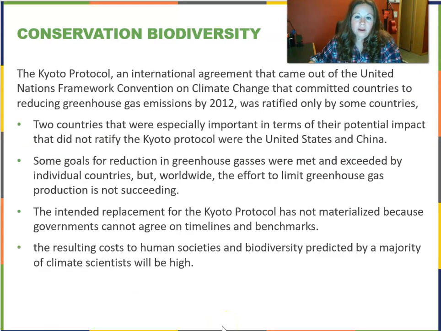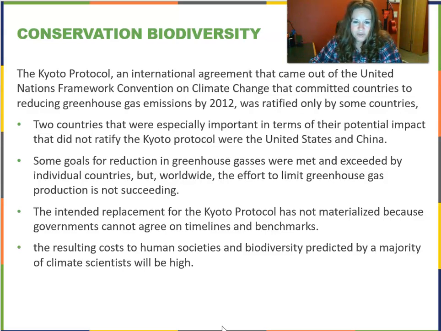The Kyoto Protocol, an international agreement that came out of the United Nations Framework Convention on Climate Change that committed countries to reducing greenhouse gas emissions by 2012, was ratified only by some countries. Two important countries that did not take part in this, United States and China.